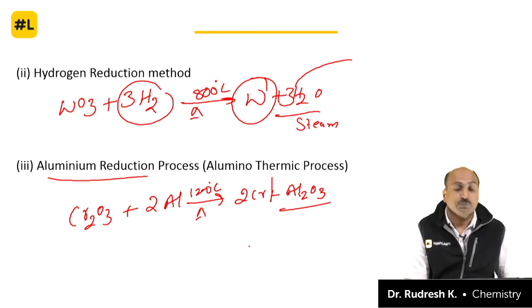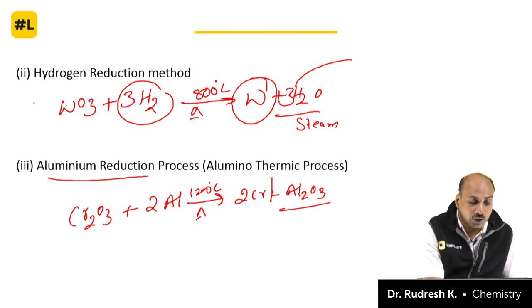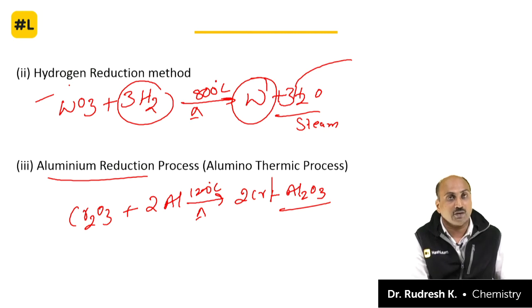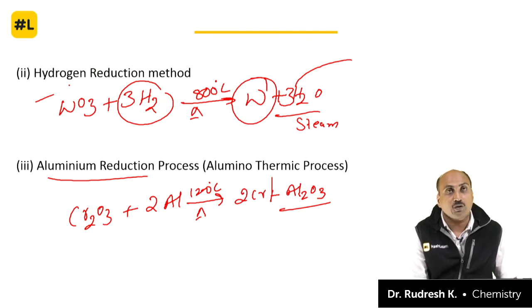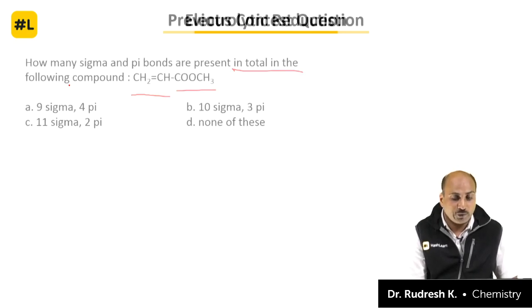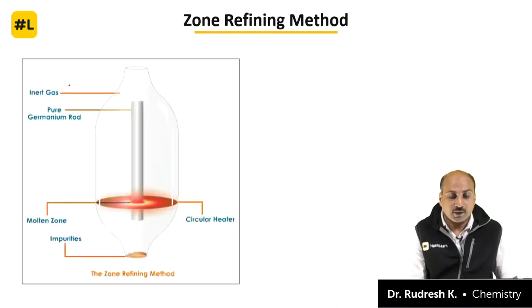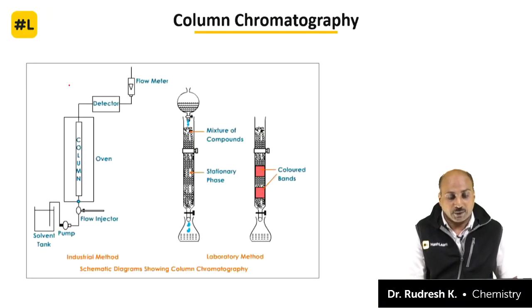I hope you have understood what the hydrogen reduction method is, what the aluminothermite reduction process is, and we also discussed the coke reduction process. These are all techniques used for obtaining the crude or impure metal. Now the summary of the class.